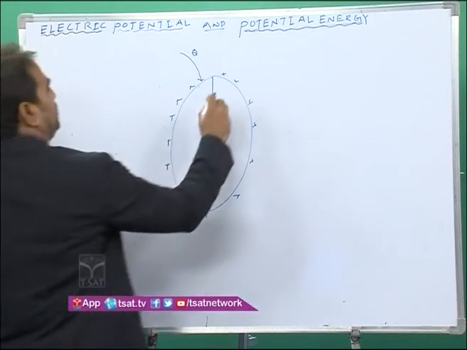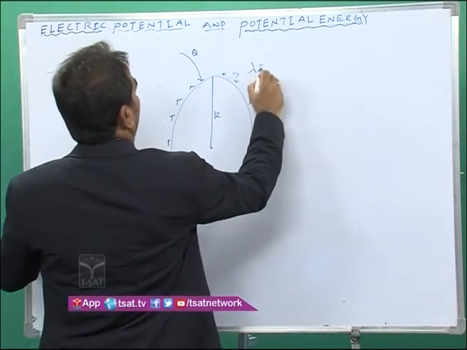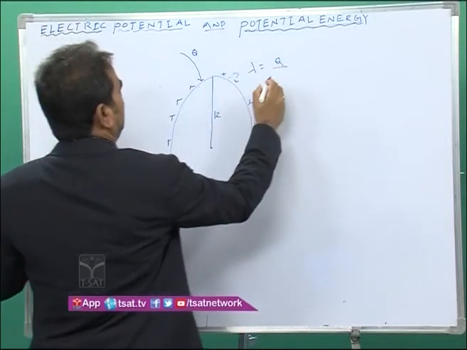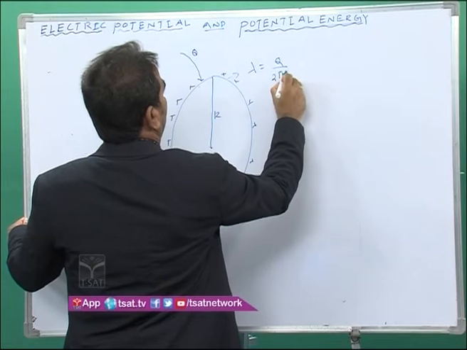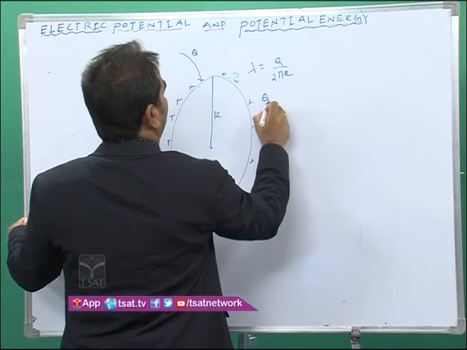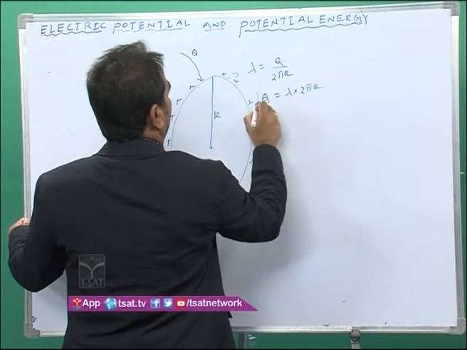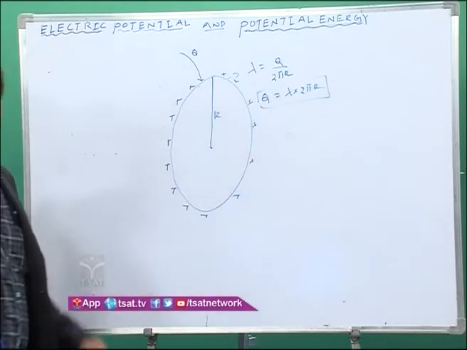What is the value of lambda? Lambda is equal to q upon the total circumference, the total length, which is nothing but 2 pi r. So the charge on the ring is given by q equal to lambda into 2 pi r.